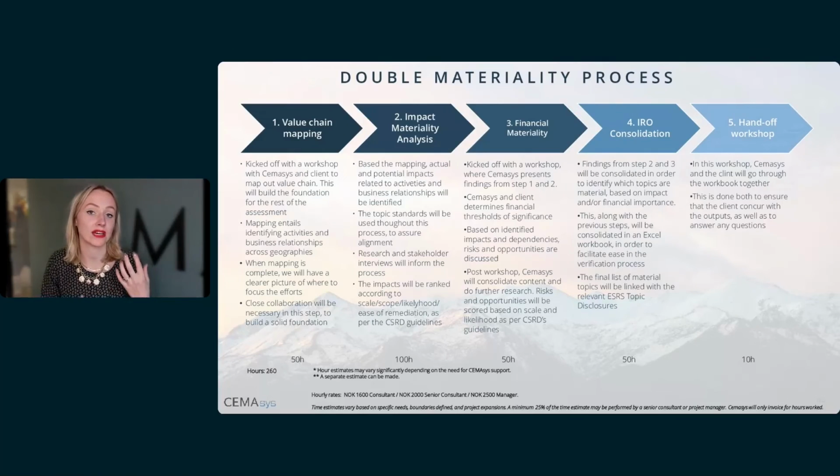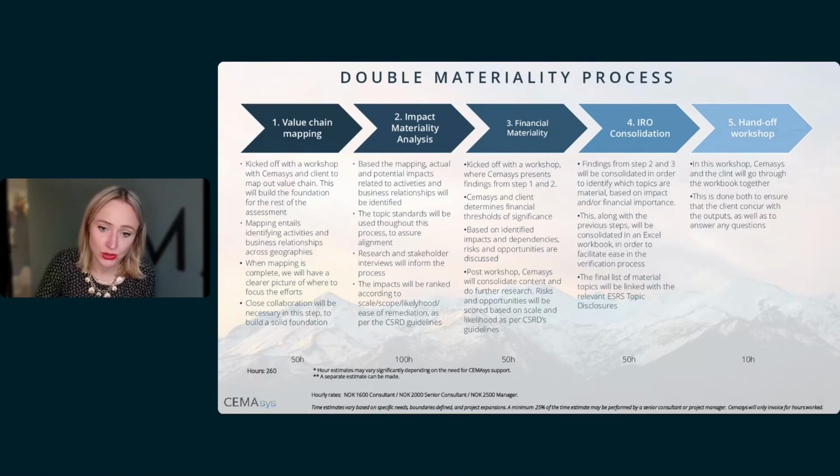We do expect customers to be a little bit involved in this process, because it doesn't make sense if we as externals do this entirely separately. We do like to have that interaction with our clients to ensure that this actually is the most representative analysis of their company. That's how we start our value chain mapping, and we work this out based on more objective research, some stakeholder interviews, some expert interviews, all that jazz.